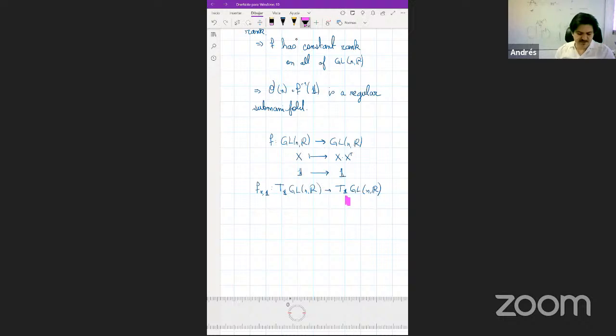This vector space is precisely R^(n squared), but maybe it is better to think of it as n by n matrices. I claim that the image of the differential will give you the subset of symmetric matrices.